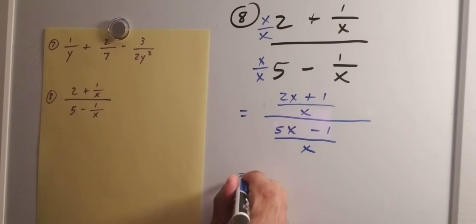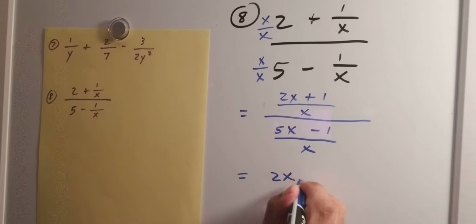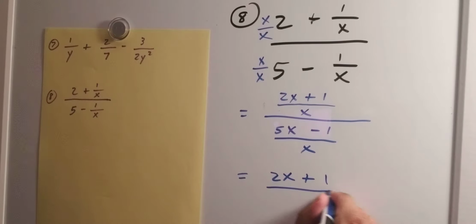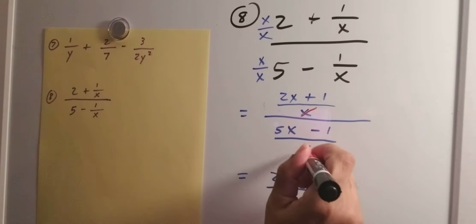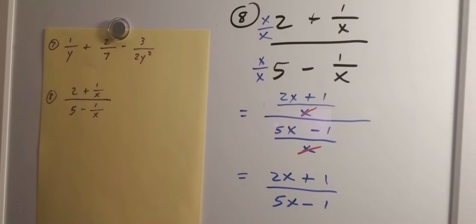We can simplify this to 2x plus 1 divided by 5x minus 1 by canceling the common denominators there in the complex fraction. Okay, that's 1 through 8. Simplifying.